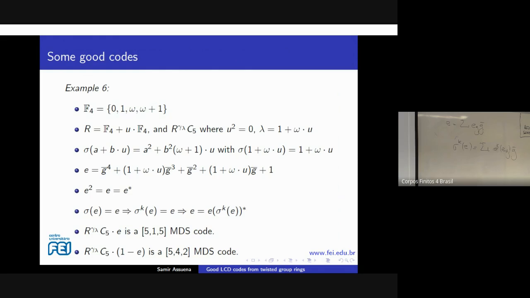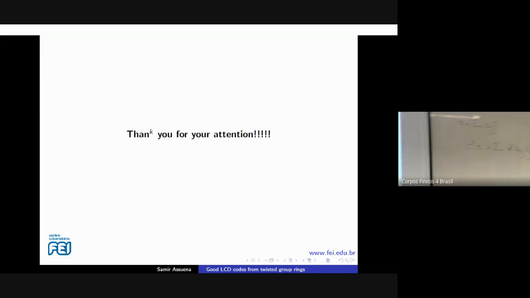And this code and its k-dual, in this case, are both MDS codes with these parameters. Okay. Now, thank you very much.